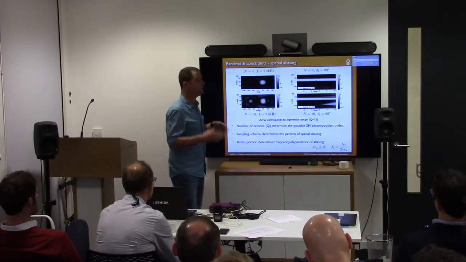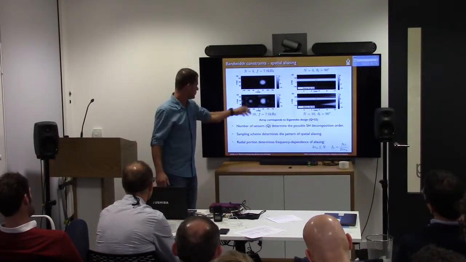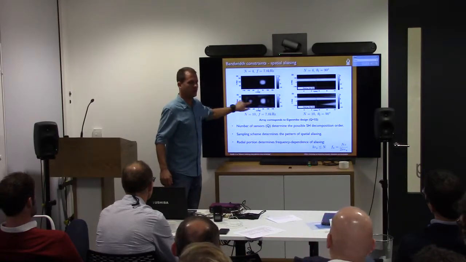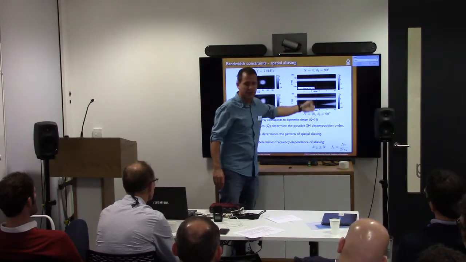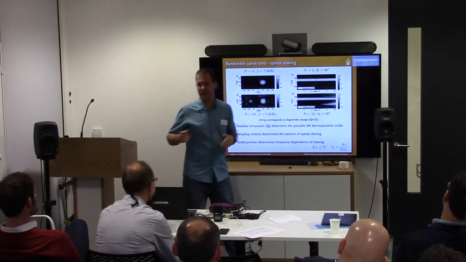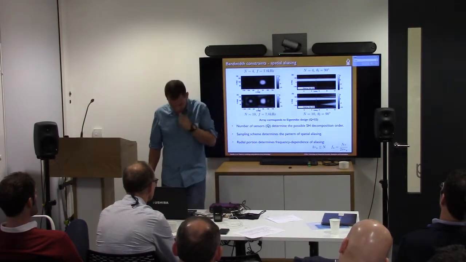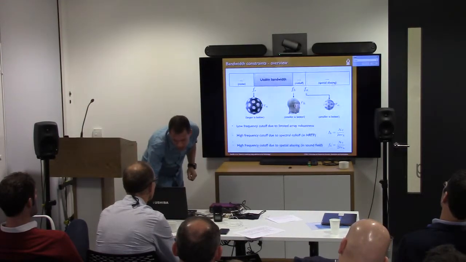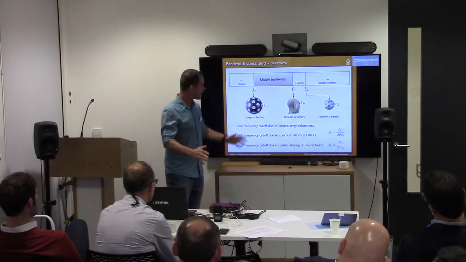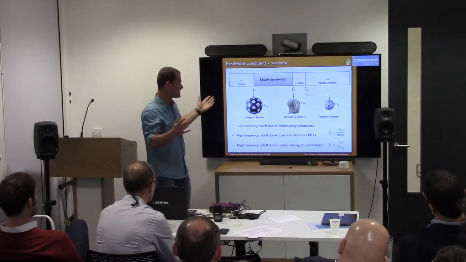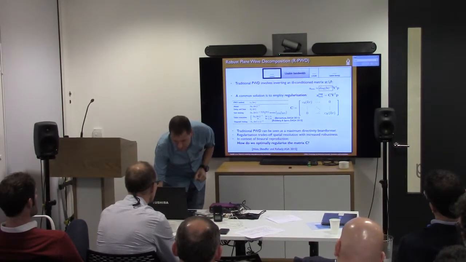But if we try to decompose this same array at an inappropriate order, so at order 10, we start getting all these waves coming from different directions, and these begin at the aliasing-free limit, that is kRa equals N. Above that, things become contaminated with spatial aliasing. So just to sum up the first part, we want a large array for low frequencies and a small array for high frequencies. So how can we deal with it?